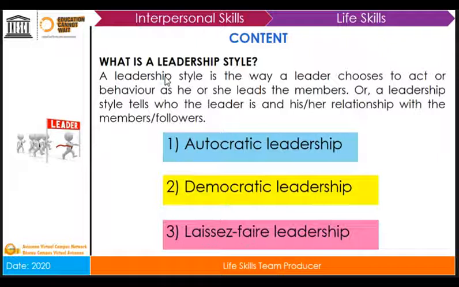What is a leadership style? A leadership style is a particular way that a leader chooses to act or behave as he or she leads the members or followers.